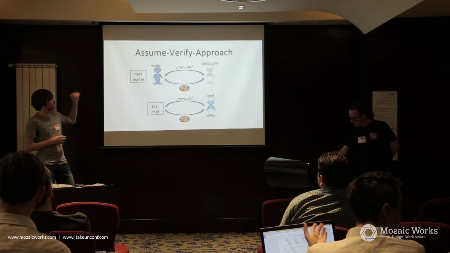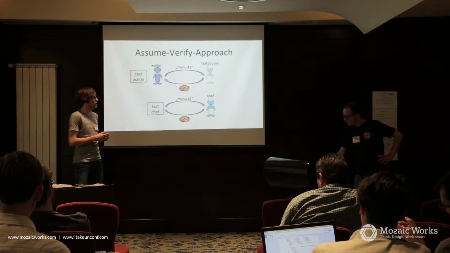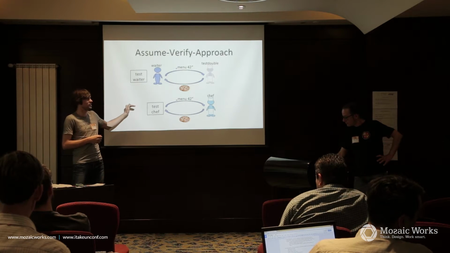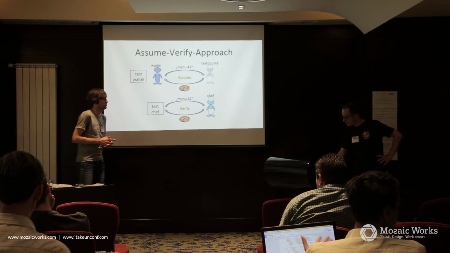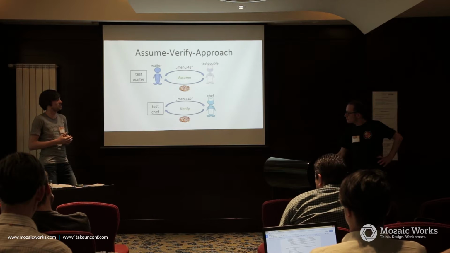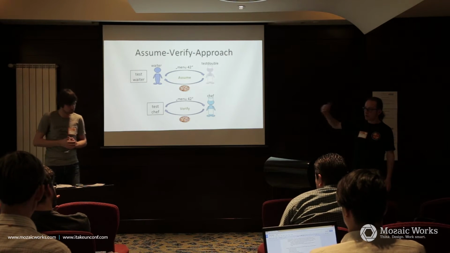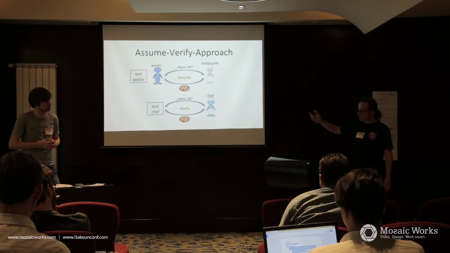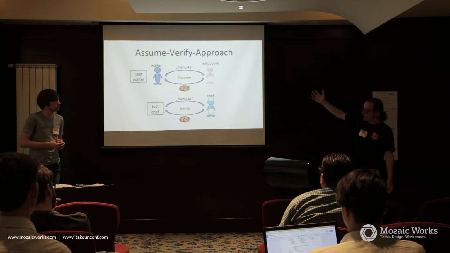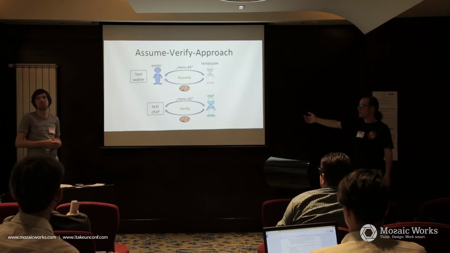The test with the mock is our assumption, and the test for the collaborator is our verification. So we just do everything twice. The assumption is stubbing or mocking the test double, and the verification is the real call on the real implementation.